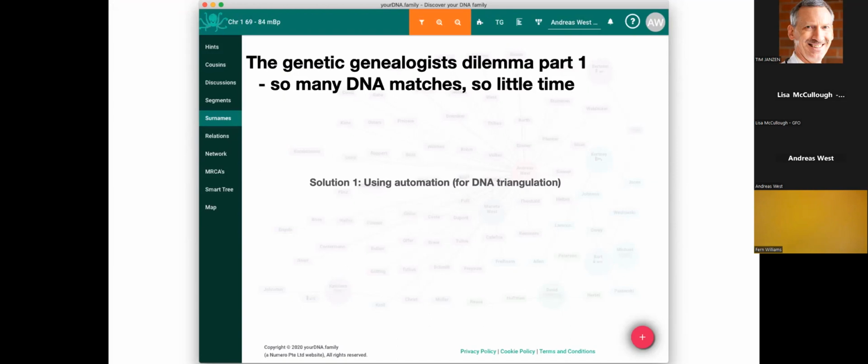In my opinion, us humans are very, very good at tasks that require analysis, that require us to question data, to try to find out, for example, the most recent common ancestor between matches or yourself, and to develop family trees for ourselves as well as for our DNA cousins.